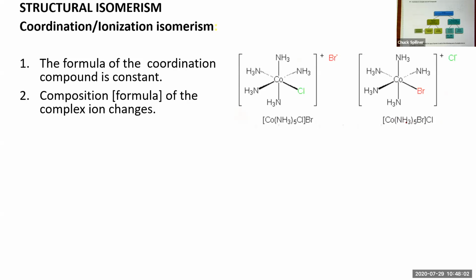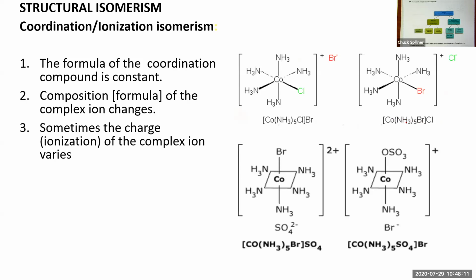Now in this case, the ions in solution have changed, they're actually different ions, but the charge of the complex ion hasn't changed. Oh, and here's the example we had previously. So I said sometimes the charge of the complex ion has changed.